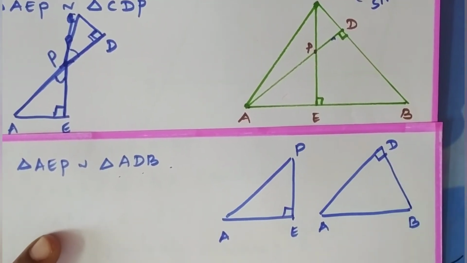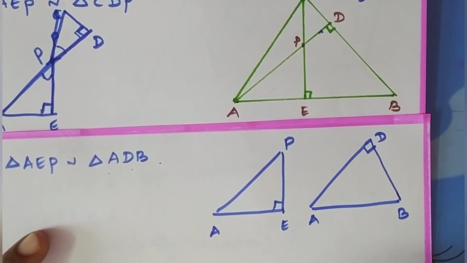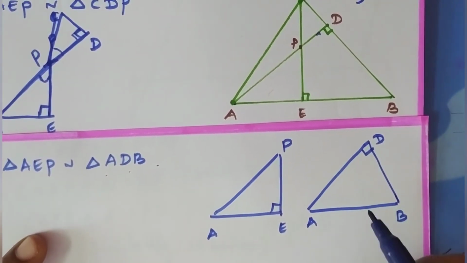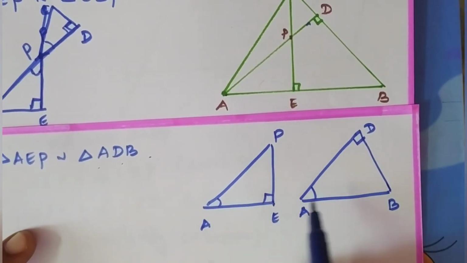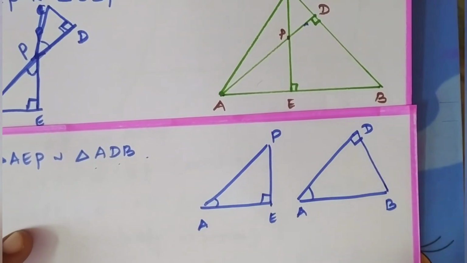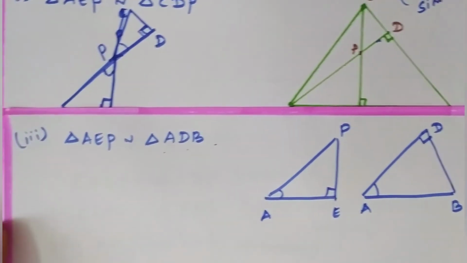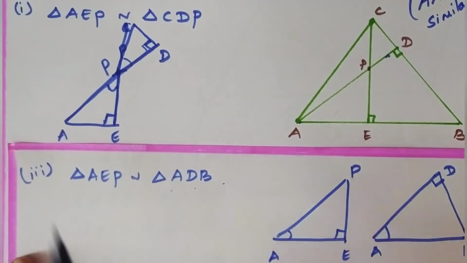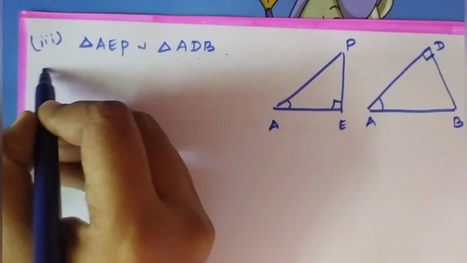And one more thing we have to prove: angle A. Clear? In both the triangles we have angle A. So angle A is common.